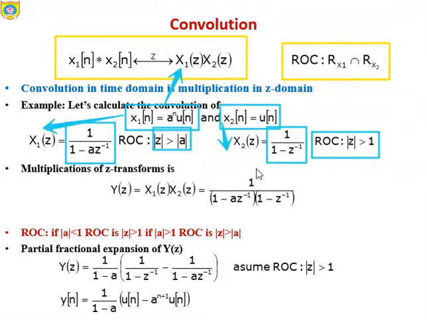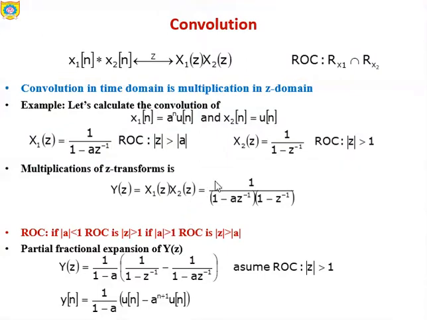So once we have these two transforms, let me just point out here, this is x1 and this is x2. In the third case, by multiplying 1 and 2, we will get Y of z. After this, we can easily obtain X1 of z into X2 of z based on which concept?